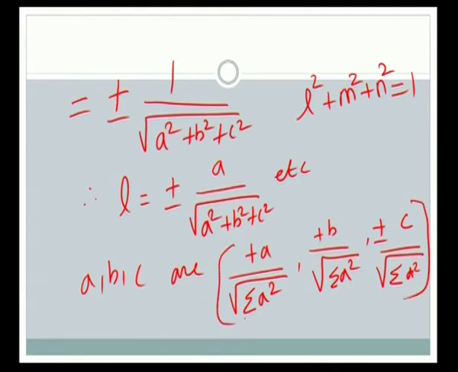So, this is the direction cosine of a line whose direction ratios are a, b, c. This is how direction ratios are related to direction cosines. You know, this a square plus b square plus c square is not equal to 1 at this stage.